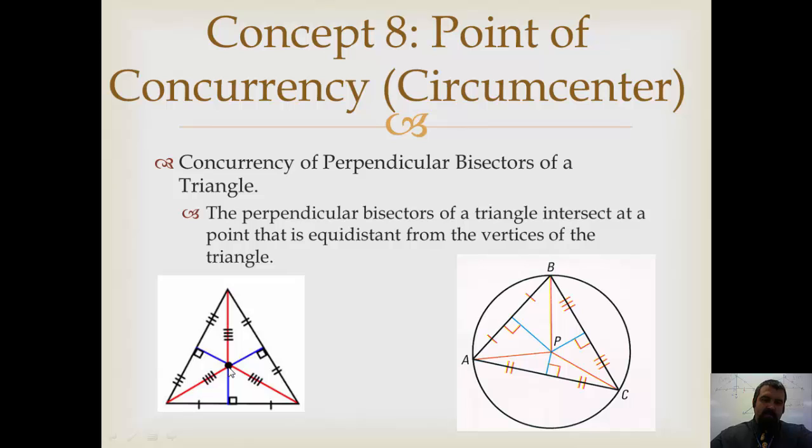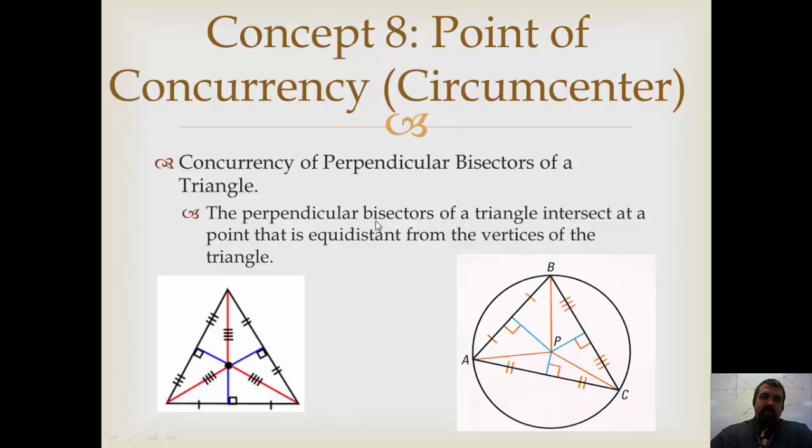So if I look, this point is on this perpendicular bisector, so by the perpendicular bisectors theorem, this point has to be the same distance from here to the vertex over here as it is from this point to the vertex over here. That's just talking about this blue line right here. Alright, but what about this perpendicular bisector over here? Well, the same thing. It has to be the same distance from this point to the corner as it is from this point to the corner. So this length, this red length, and this red length all have to be the same.